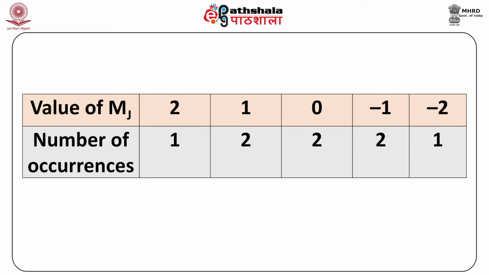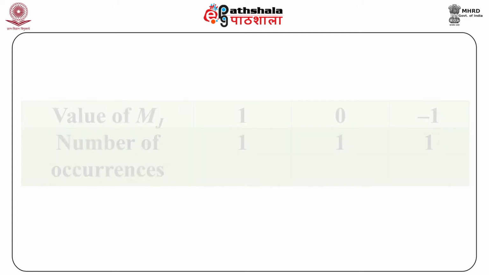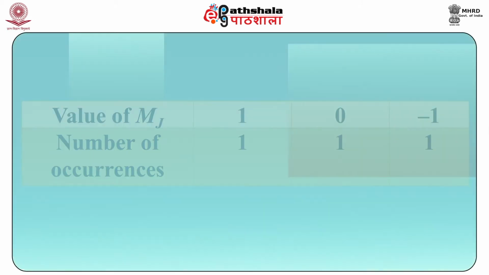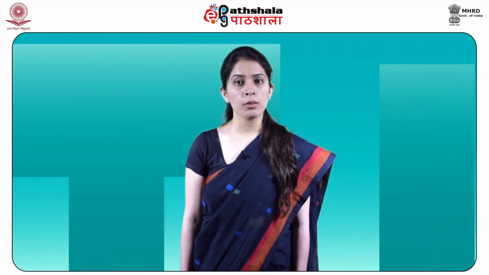Again, eliminating these, we find that the maximum value of Mj is +1, corresponding to the maximum value of capital J as 1, giving 3 states corresponding to -1, 0 and 1. Thus, for the individual angular momentum quantum numbers small j1 as 1 and small j2 as 2, the possible values of the total angular momentum quantum number capital J are 3, 2 and 1.